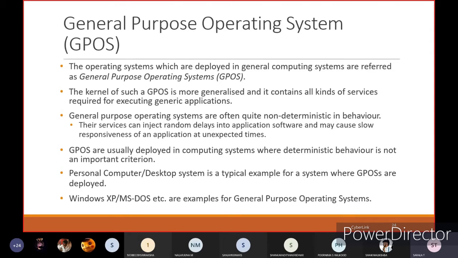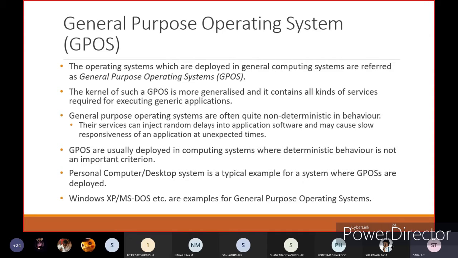GPOSs are usually deployed in computing systems where deterministic behavior is not an important criterion.